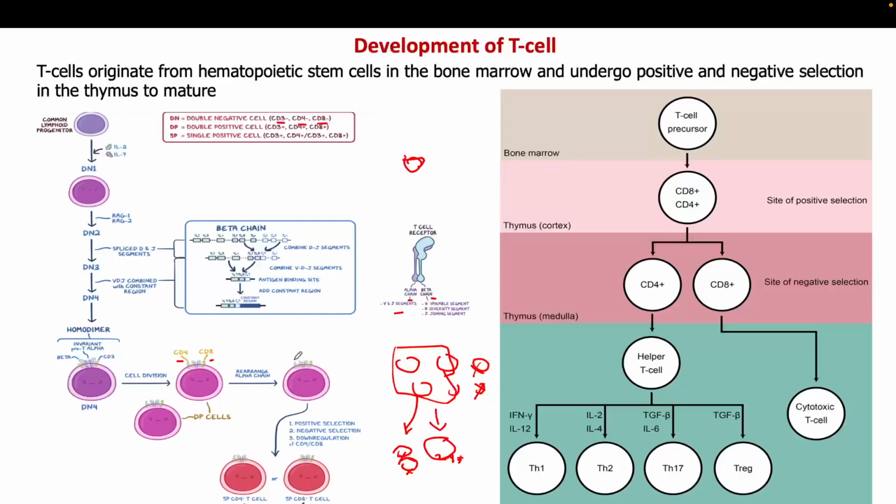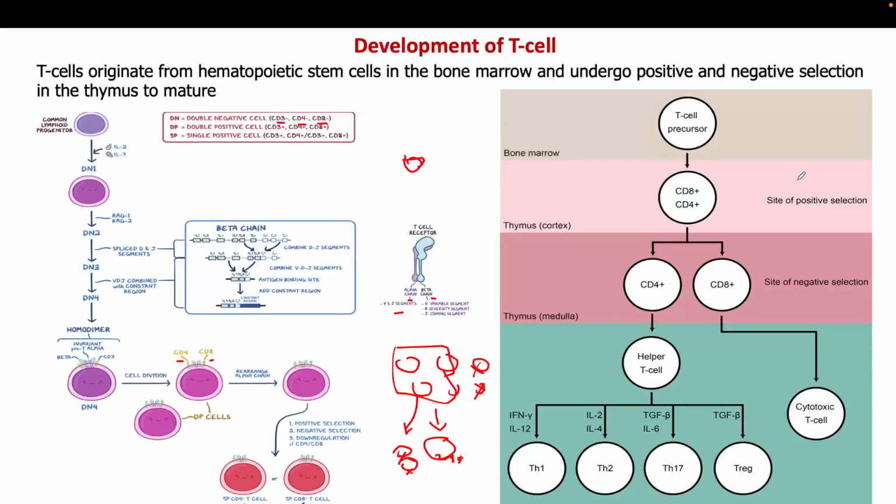Because it has two types of T cell receptor, if it is dividing into a CD4 T cell, then it will down regulate its CD8 receptor. Likewise, in the case of a CD8 T cell, it will down regulate the CD4 receptor. This happens after the positive and negative selection.